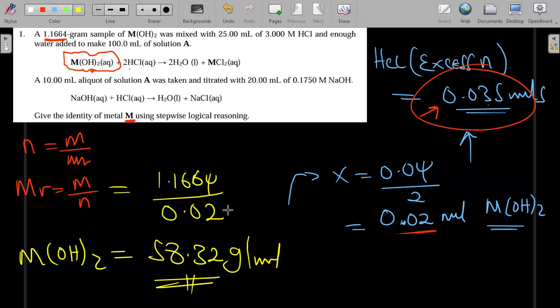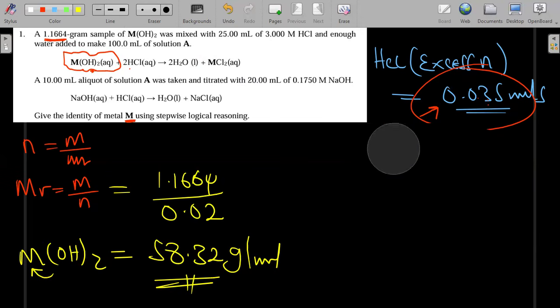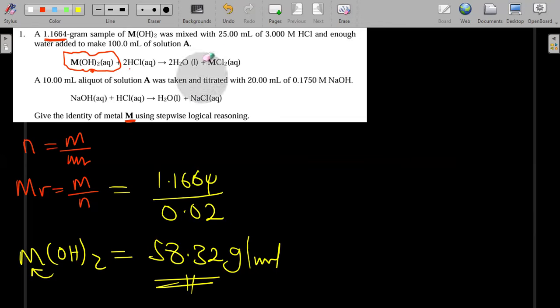So how can we use it to find the molar mass of this? We know that the total molar mass is just the addition of the individual molar masses, right? So we can use that concept to find the molar mass of metal M. And once we find the molar mass of metal M, we would know its identity, because we just go on the periodic table to check an element that has that same what? Molar mass.